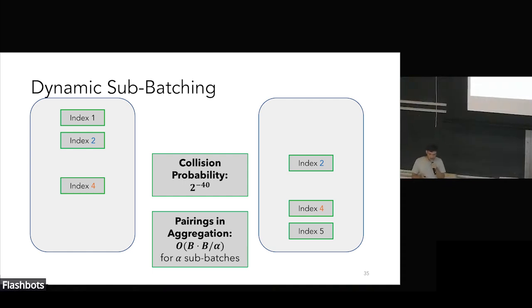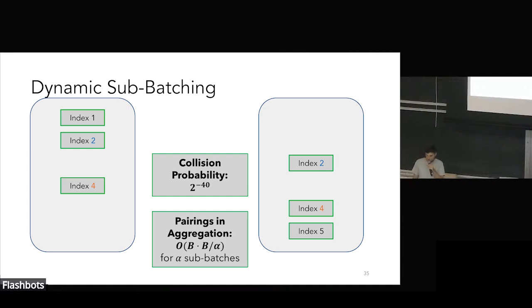And a nice property of this is that this really helps with our second issue of having to compute all these punctured evaluations. Suppose that we have alpha sub-batches. Instead of having on the order of B squared pairings during aggregation, we now only need to do B times B over alpha pairings for the aggregation. So the more sub-batches we have, the smaller the probability of collisions, and also the faster aggregation gets. But we pay a small overhead in partial decryption size.